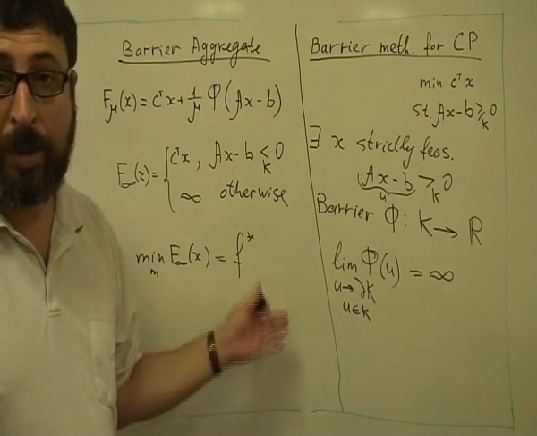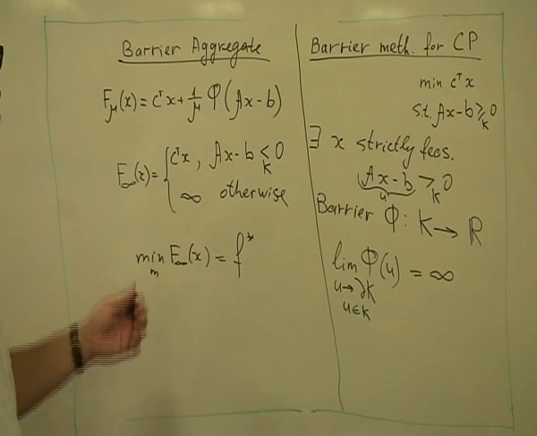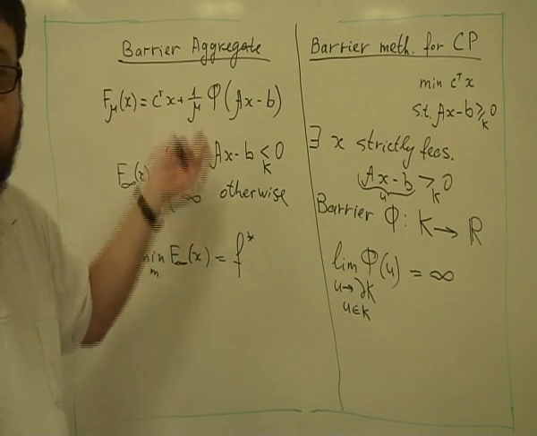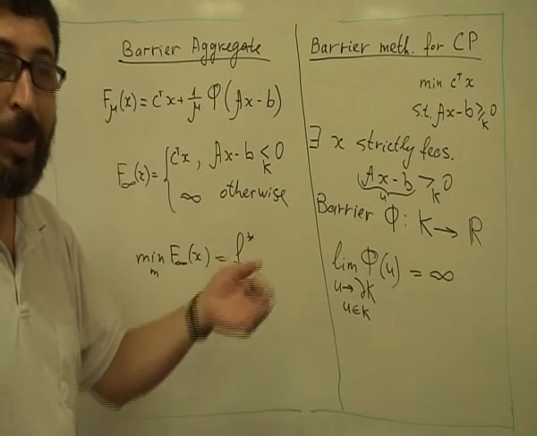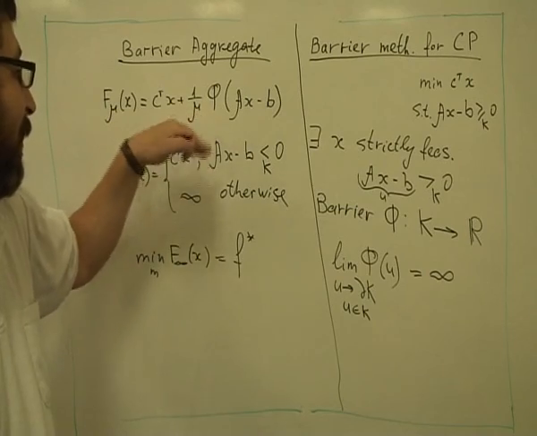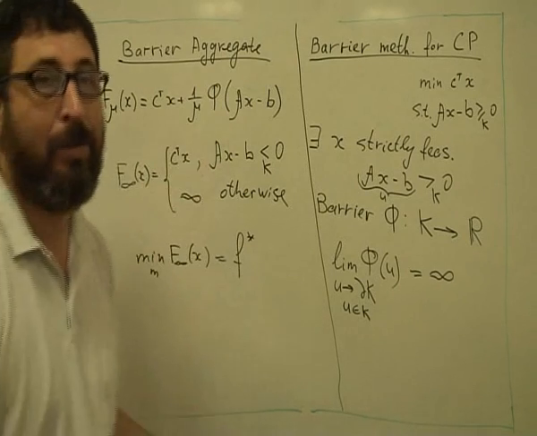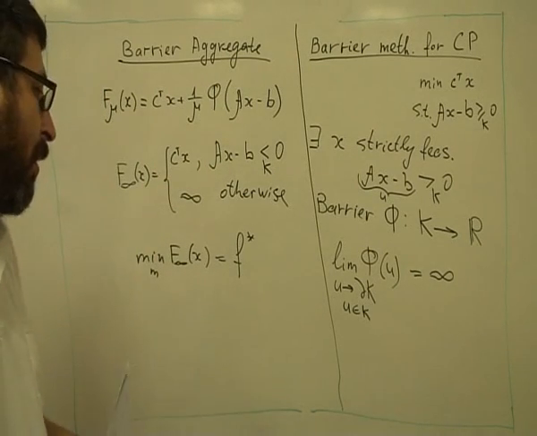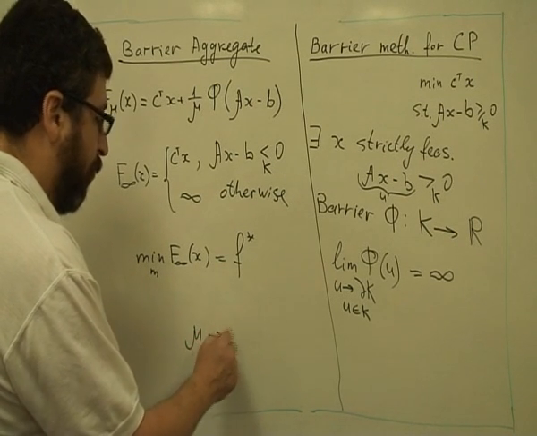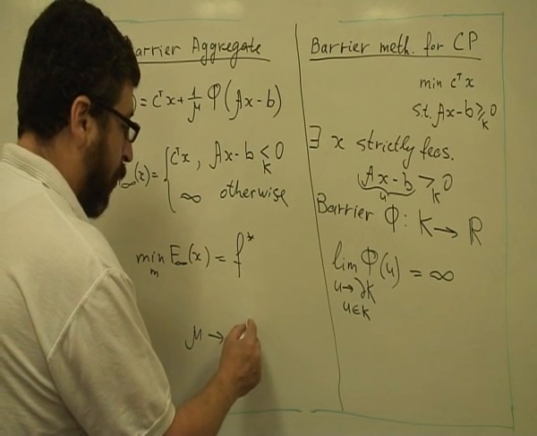And of course, the numerical algorithm would be to find the minimum of this aggregate for moderate mu with some reasonable accuracy, and then say multiply mu by 2 or by 10, then find the minimum again, and continue, say, till mu achieves in practice, say, a value of 10 to the 5 or 10 to the 6.